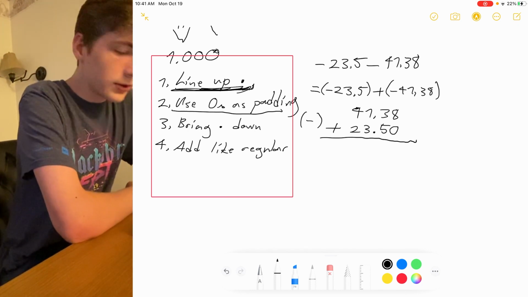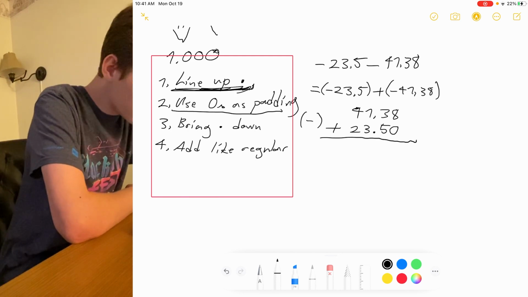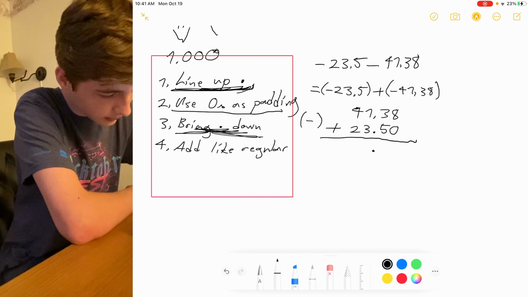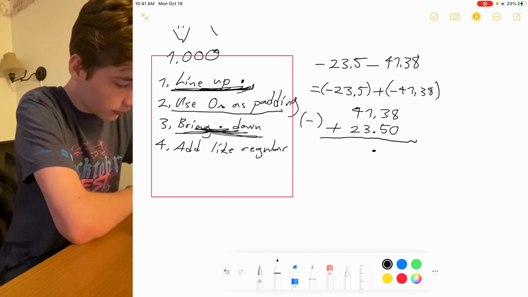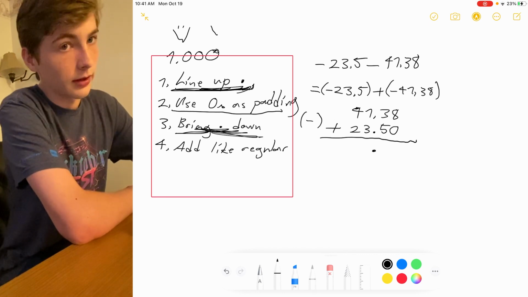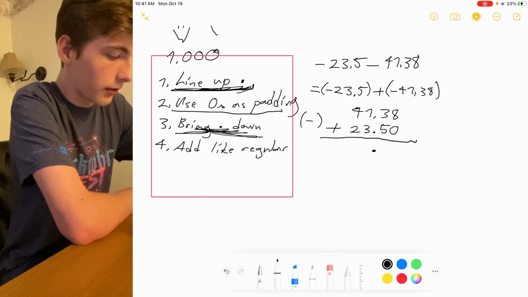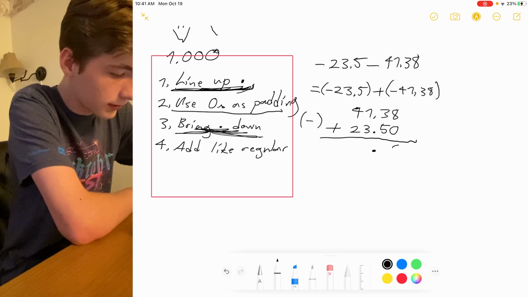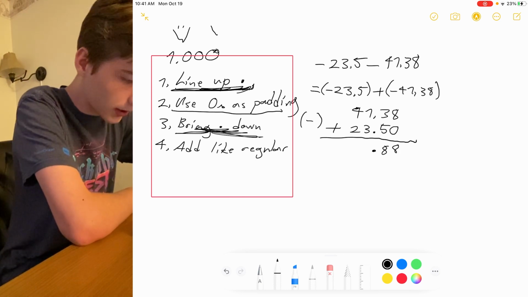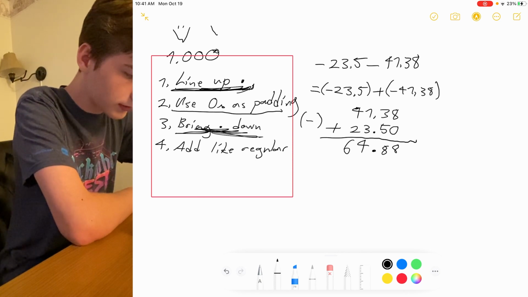Now we're just going to add it just like any other number, except that first we have to bring this decimal point down, right? So we're going to stick it there, and now we're going to move on with our adding, and we're literally just going to ignore it the whole time until at the very end, we're just magically going to be there, right? So 8 plus 0, that's 8. 5 plus 3, that's also 8. 1 plus 3, that is 4, and 4 plus 2 is 6.